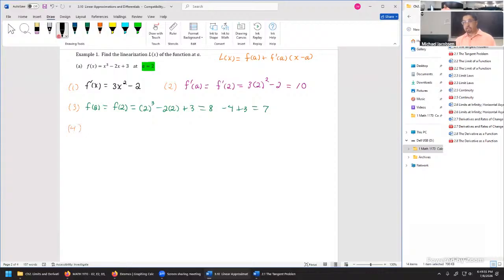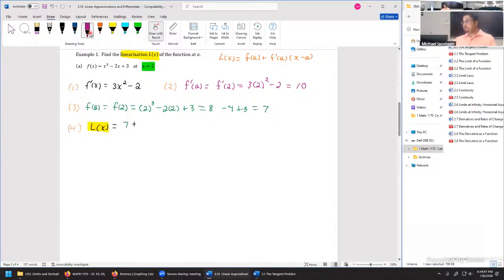Then finally, the linearization itself, L of x. We're calling it L of x here, just to maintain the notation. But all we're doing is plugging in this information as we have it. It'll go f of a first, which is a 7. Then we'll add in, once we're beyond f of a, the derivative f prime of a, which we found to be a 10.